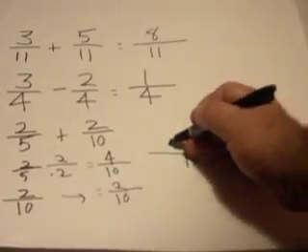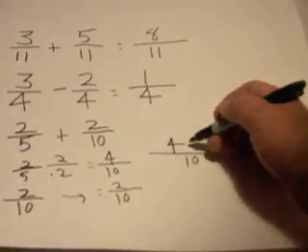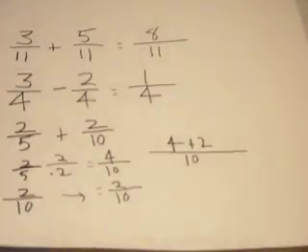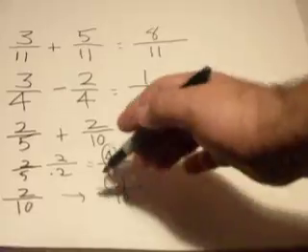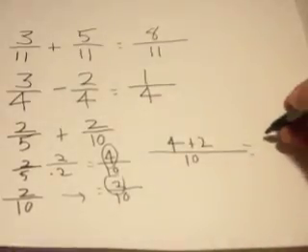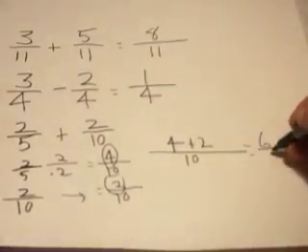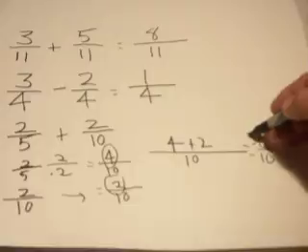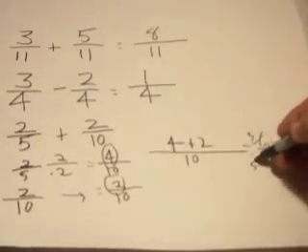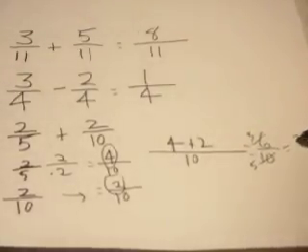I've got 4 plus 2 over 10, because here's my 4, and here's my 2. 4 plus 2 over 10 is 6/10. We can reduce that because 2 goes into 6 3 times, 2 goes into 10 5 times. So the final answer here, the reduced fraction, is 3/5.